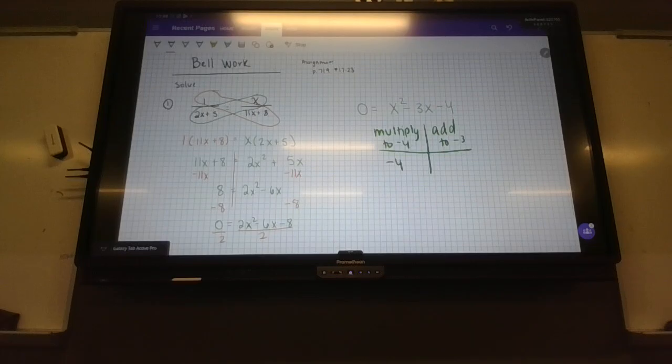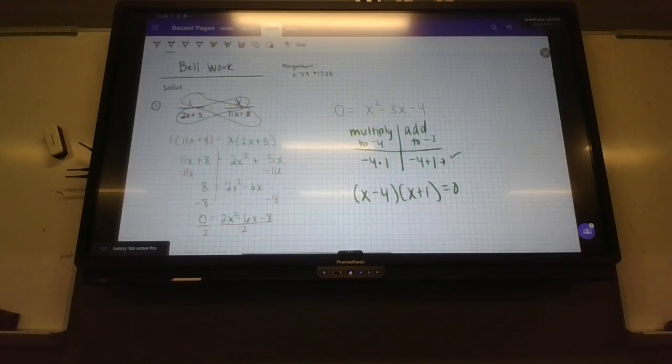Correct. Negative 4 times 1. So then we're at x minus 4, x plus 1. Solve them both, and those are your answers.